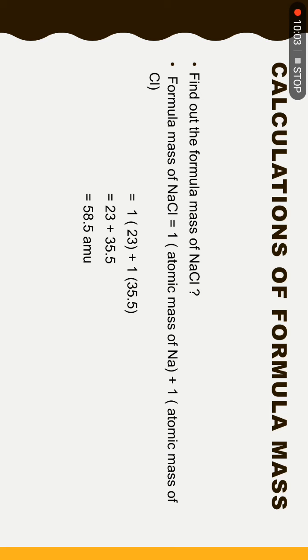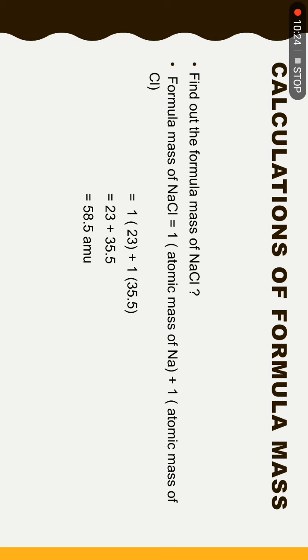We will multiply 1 with the atomic mass of sodium. Why are we multiplying 1 with the atomic mass of sodium? Yes, because there is only one sodium in the compound and one chlorine in the compound. So 1 multiplied by the atomic mass of sodium plus 1 multiplied by the atomic mass of chlorine.